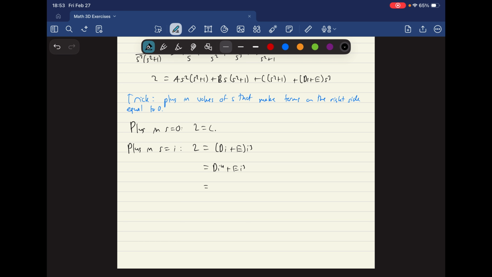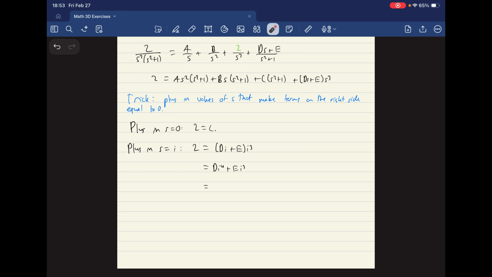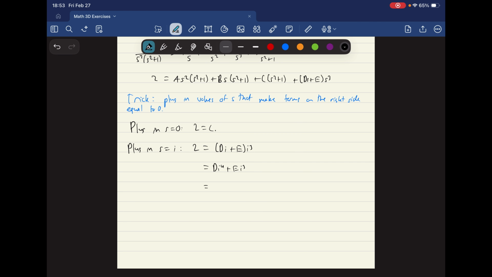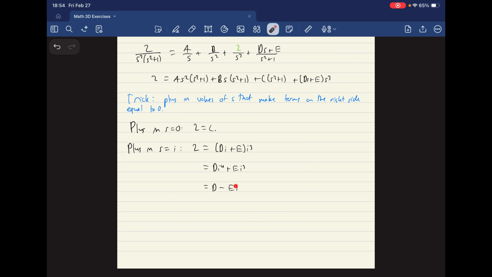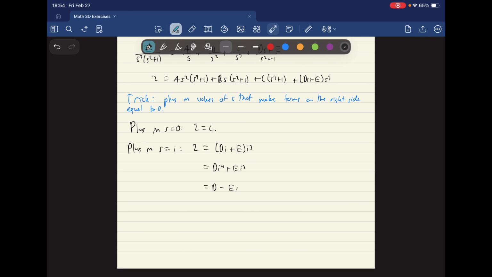And then just from properties of complex numbers, i to the fourth is equal to 1, and i cubed is negative i, so this is d minus ei. Okay? But the only way for this complex number to equal this left side is if the corresponding real and imaginary parts are equal. Now, the real part of 2 is 2, so I need d equal to 2.